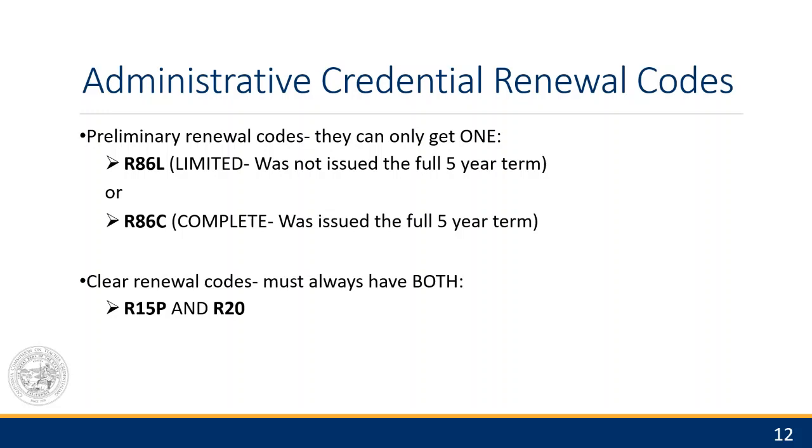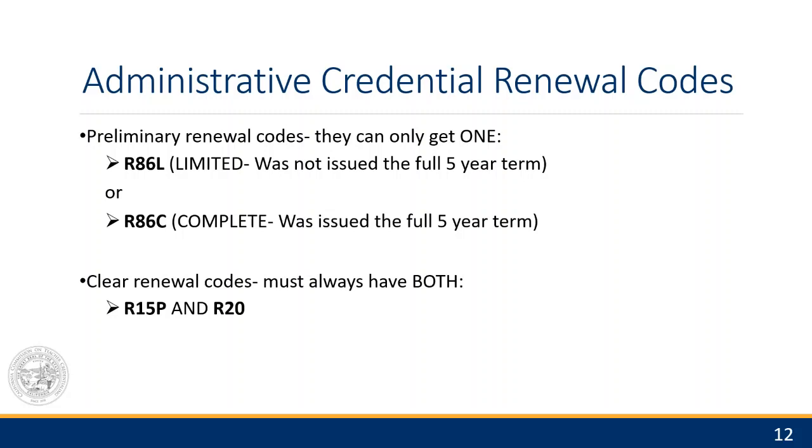Now, on the other side, we have the clear renewal codes. For a clear admin, they actually must have both of these codes, the R15P and the R20 code. Every single clear admin recommendation should have both of these.